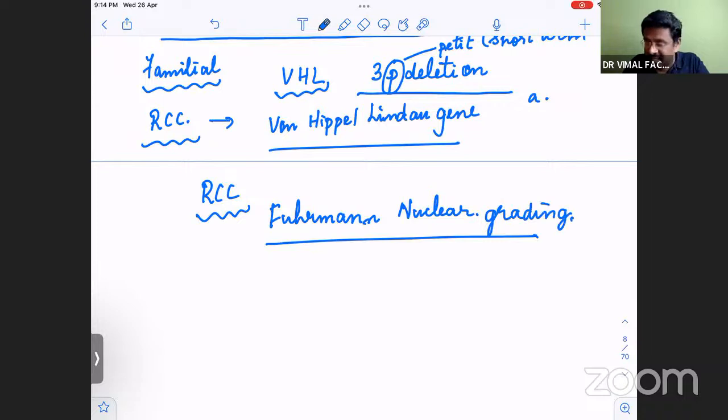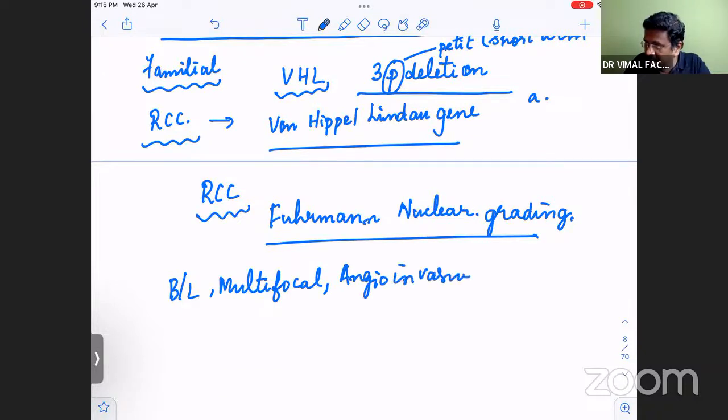So which RCC is bilateral, multifocal, most angio-invasive? The answer is papillary RCC. Remember, in papillary RCC you can also get psammoma bodies.